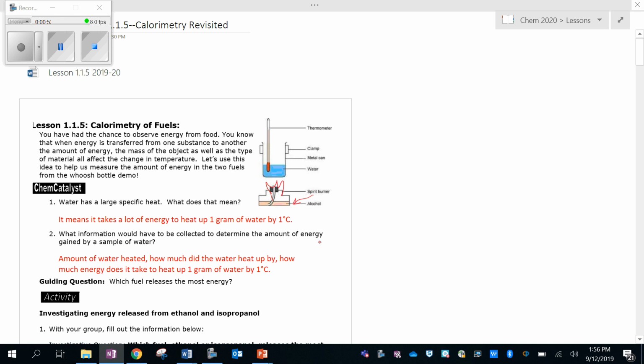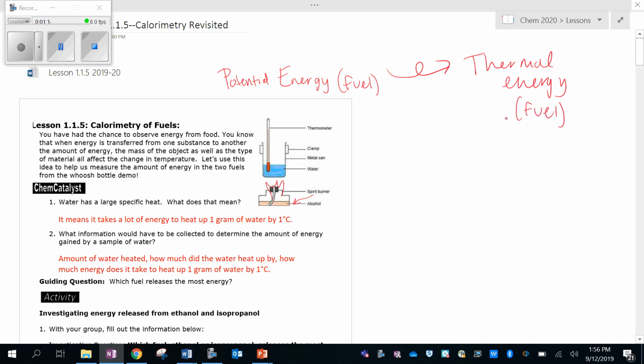And we made the assumption that the energy released by the fuel was transformed. This was potential energy to start, into thermal energy, and that this thermal energy was being transferred to the water.